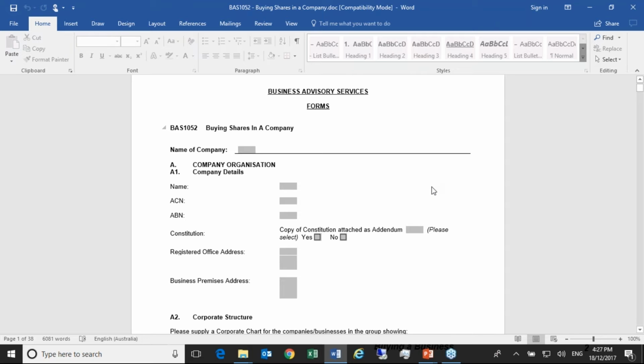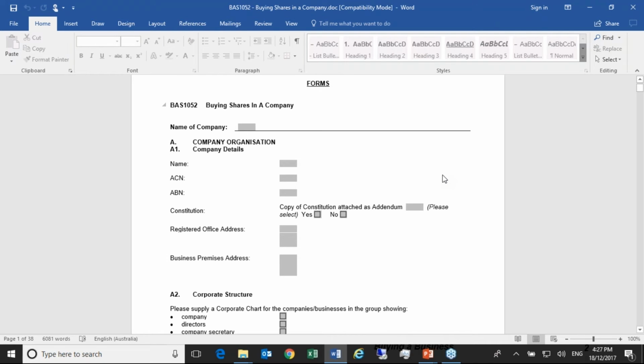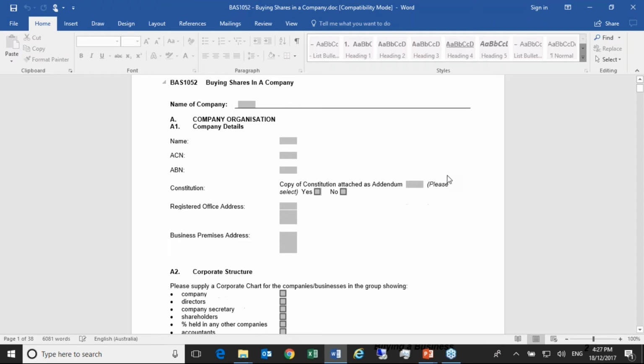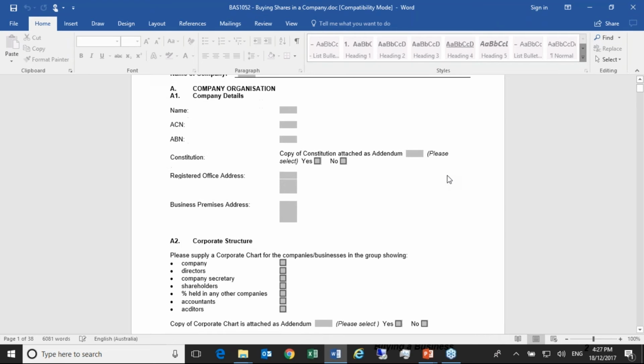If there's any problems within the company, they are then listed in the shareholders register as being the shareholder, and as far as ASIC's concerned, they're the directors of the company. So it's very important that there is a very thorough review undertaken on this company if you are going to be advising one of your clients to buy shares in a company.